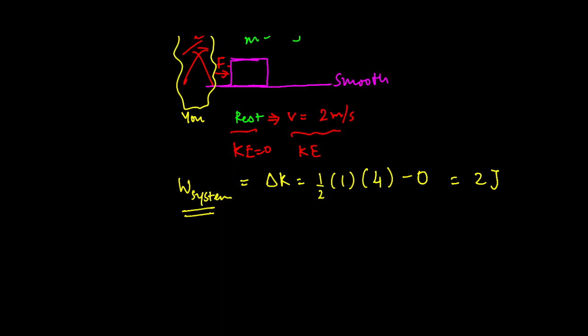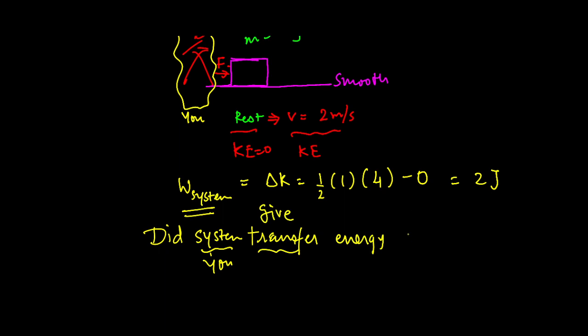Now I'm going to ask you this question. Everything will become clear from it. The question is, did you transfer, you that is system, okay, don't forget the system means you. Did you or did system transfer energy, that is give energy, did system give energy to others, means surroundings? Yes or no?